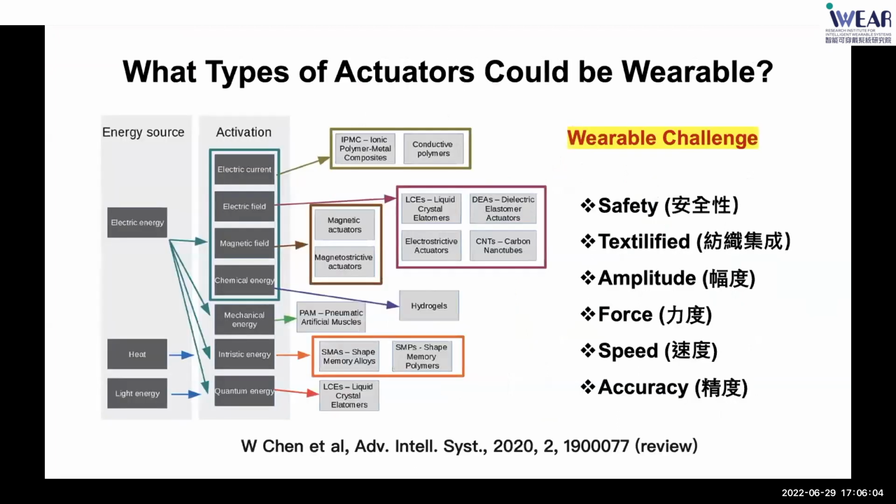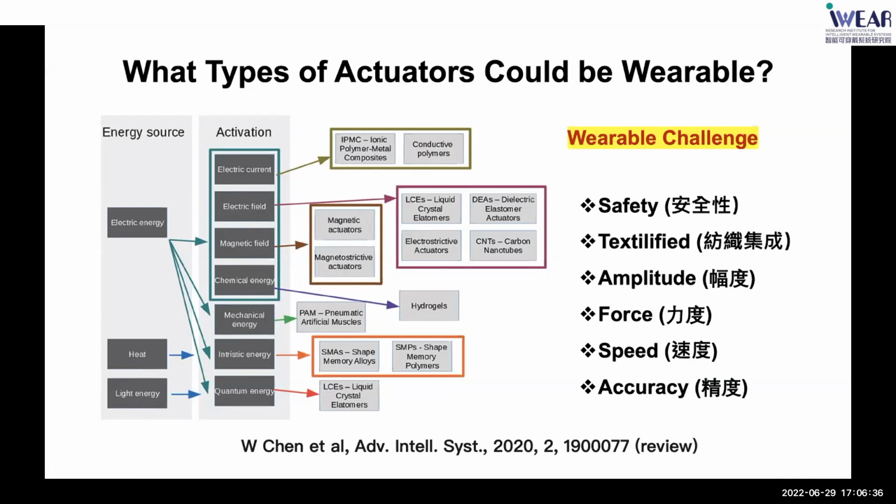Until now, we know there are many types of materials that can be used as actuators. From this table, we can see them classified by the energy source. There are some electrical actuators, some heat actuators, and some light actuators. And for the materials, we can see they are mainly made of polymers.